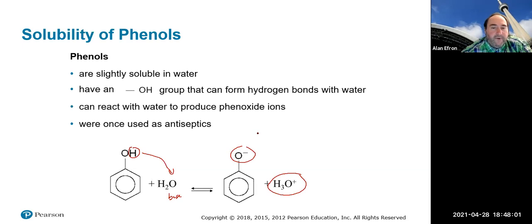So it's very much like an acid-base reaction, with the donation or protonation of the H plus over to water, making H3O plus. You don't have to worry too much about that reaction, I think, for us.